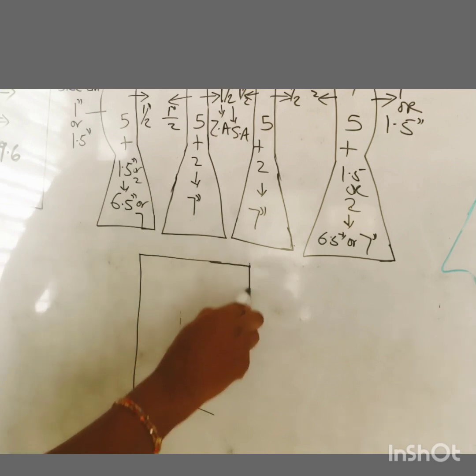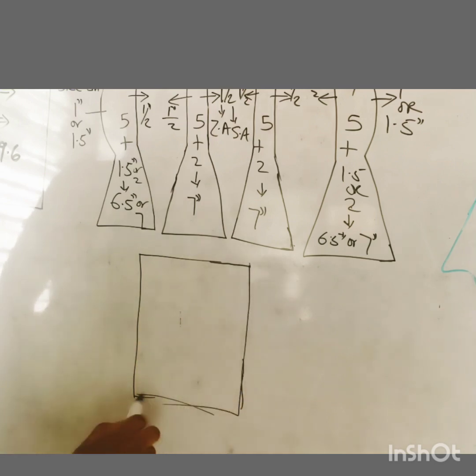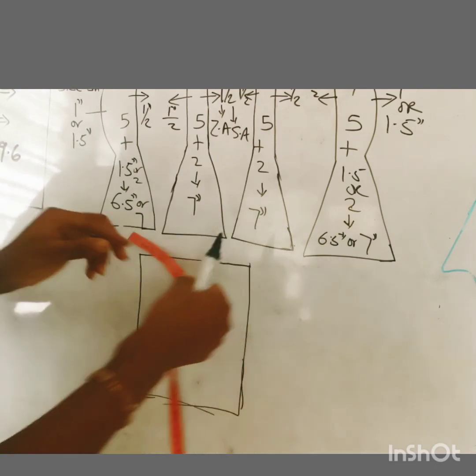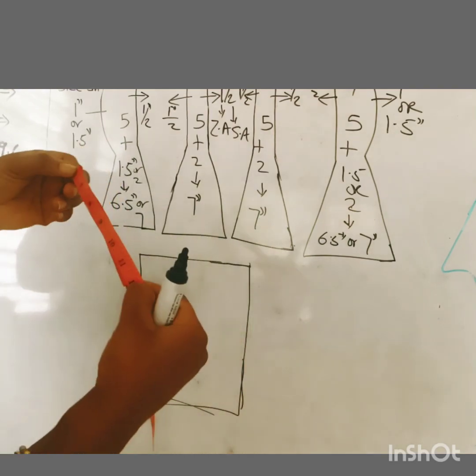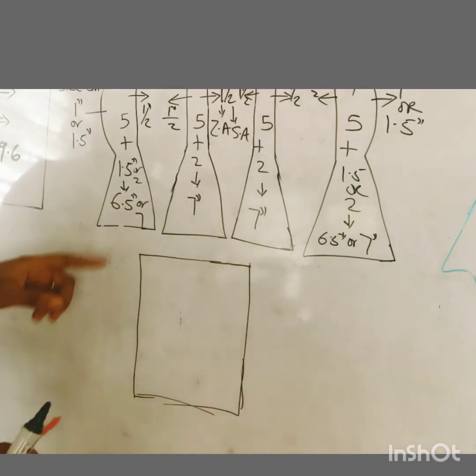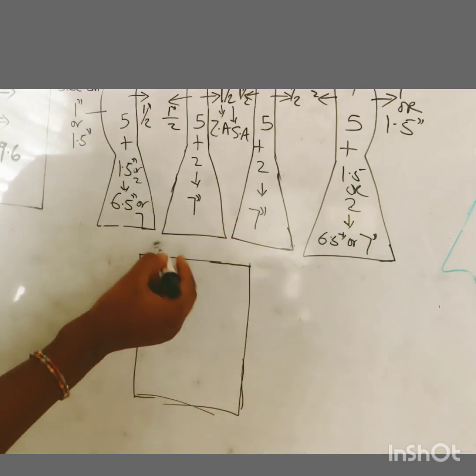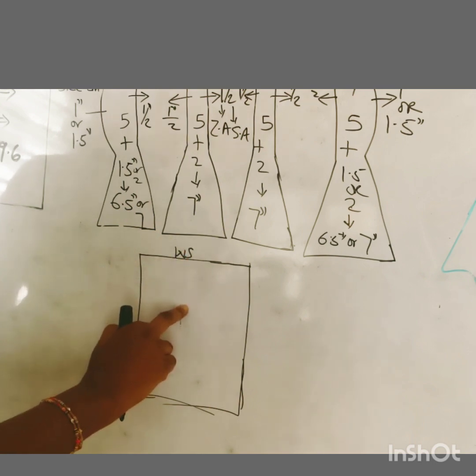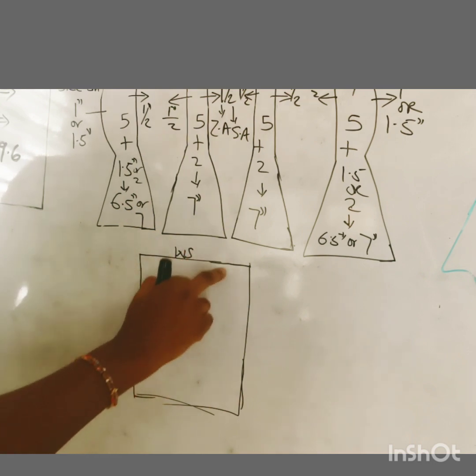So assuming this is our fabric, unfold, this is 6, unfold, if you open it, it will give us 12. So this is waist. You determine the hip from your measurement.